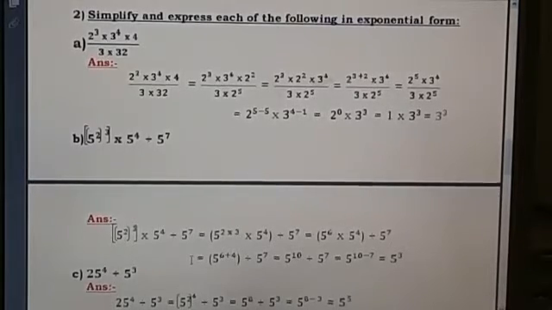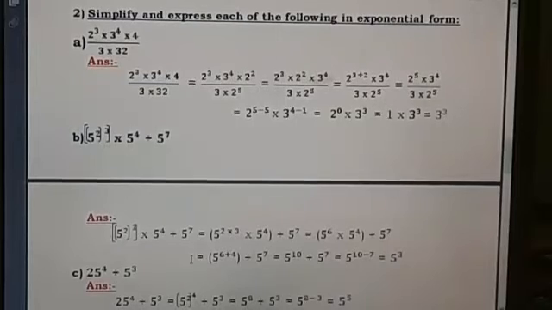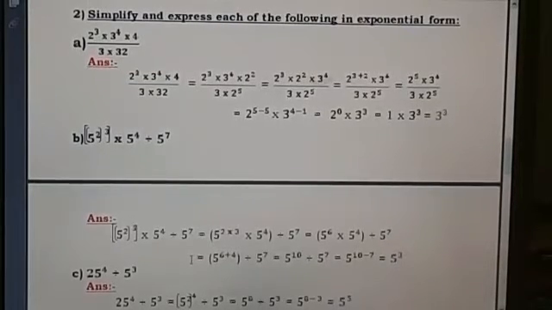After doing the conversion, we have to arrange according to the bases. Here 2 bases are there and 3 base also is there. First, in the numerator, how many base 2's are there? Here 2 to the power 3 and 2 to the power 2.